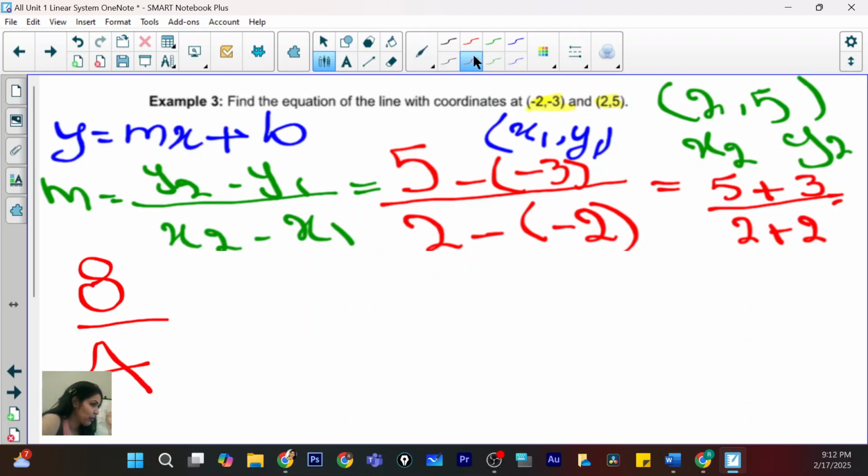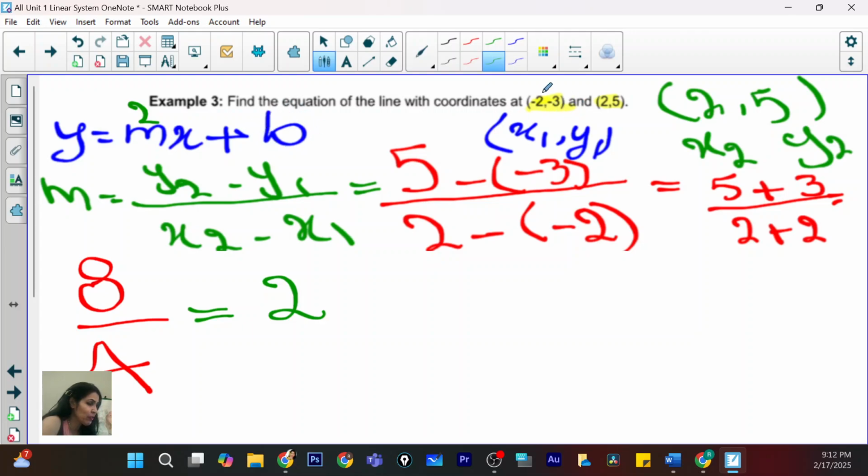We can simplify that. 8 divided by 4 is equal to 2. So we found the slope and m is equal to 2. Now we need to find b. Pay attention here.